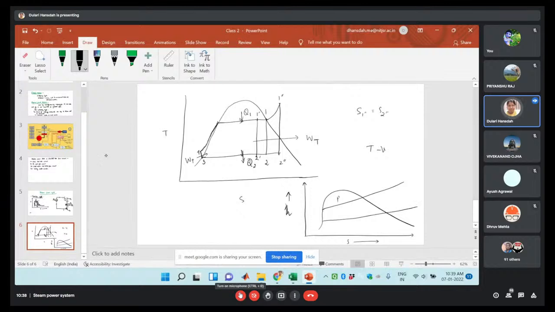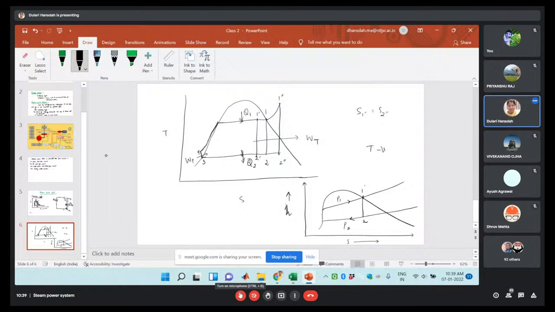So this is the pressure P1. This one is the pressure P2. If it is dry saturated vapor, then this will be 1 and this is 2. This is reversible adiabatic, so the entropy is constant, so we directly drew a straight line.